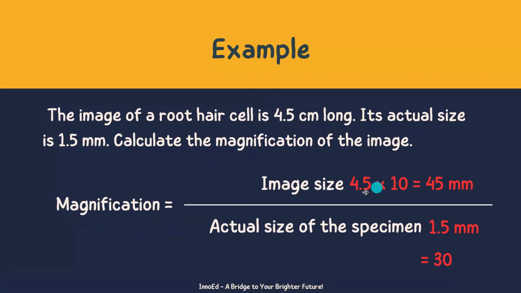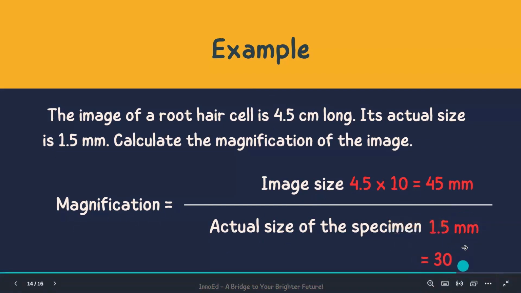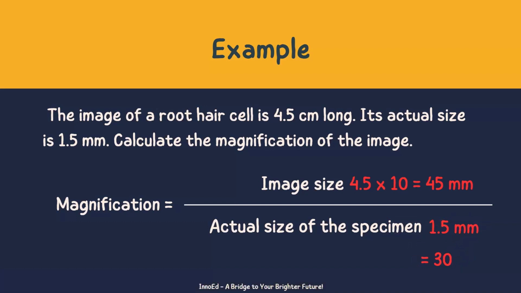So you have to convert the centimeter into millimeter. To convert the centimeter into millimeter, you have to multiply the 4.5 by 10. So they become the same unit. And when you calculate this, you will get 30 as the magnification. Here, also note that magnification does not have units.